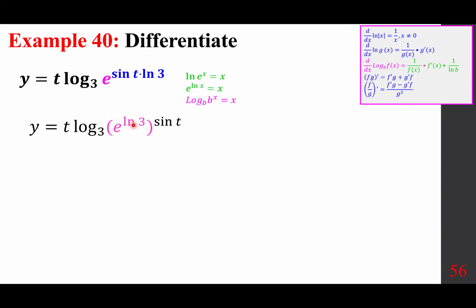I'm not going to touch anything else, just this one becomes 3. So now what we are looking at is this part. Again, the t is not going anywhere, everybody. Log base 3 of 3 to the power of sine t. Log base b of b to the power of x is x. So log base 3 of 3 to the power of sine t must be sine t.